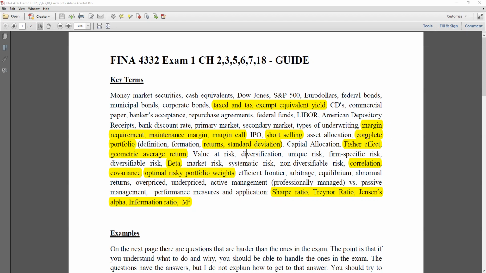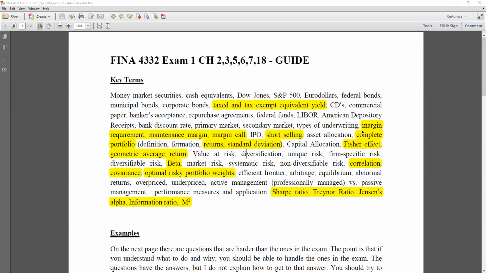Let's talk about the complete portfolio. For this one, you need to understand what the complete portfolio is, which is just a combination of risky assets and the risk-free rate: a portfolio with risky assets, or the risky portfolio, combined with the risk-free rate security. So definition and formation is more about what it is. But you need to be able to calculate the returns of that complete portfolio and the standard deviation.